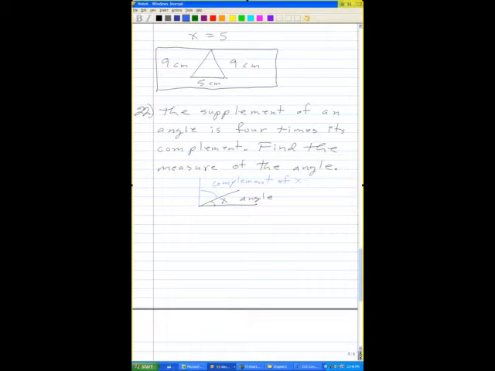And so the complement of an angle is just 90 minus x, assuming x, of course, is written in degrees.